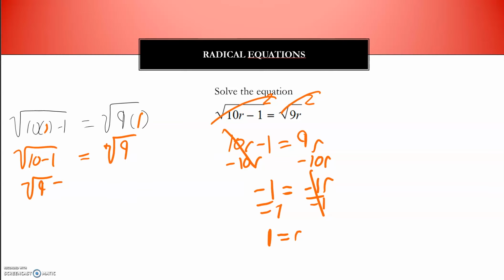This is very true of radicals because we have strange rules with radicals, right? Such as the rule that we cannot take the square root of a negative number, but we don't have that with just plain operations.